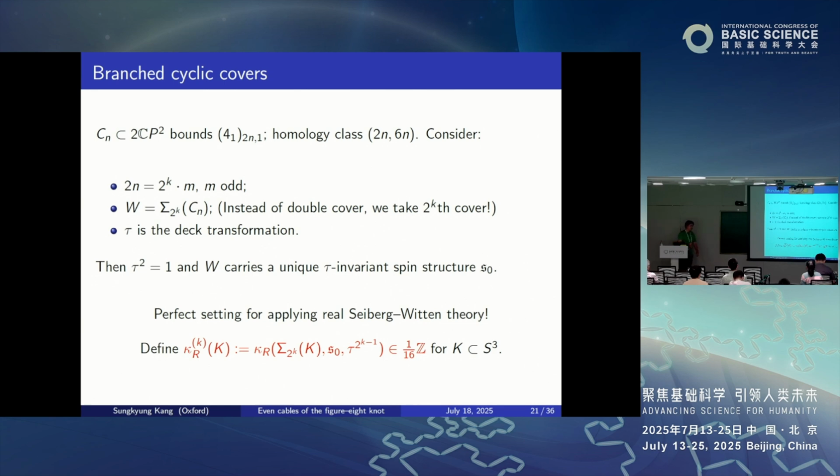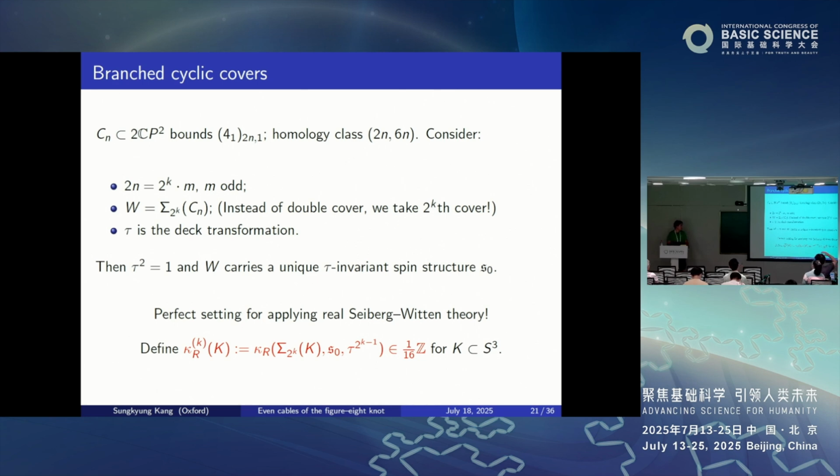Manolescu, in his earlier work, defined the kappa invariant using Pin(2) symmetry in Seiberg-Witten theory. By replicating what he did in the real setting, you get a rational number, which is in fact an integer divided by 16. And you define it for any spin 3-manifold with symmetry. So here we take this kind of input: the boundary, the branched cyclic cover of S3 along your knot, the unique spin structure, and an involution.